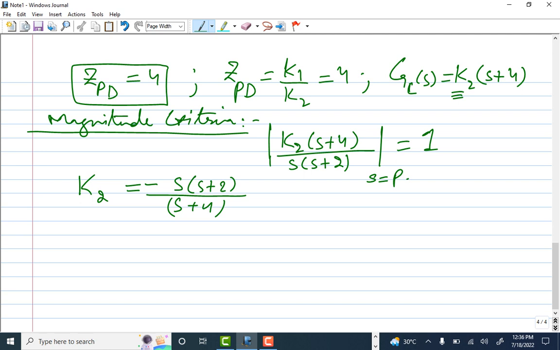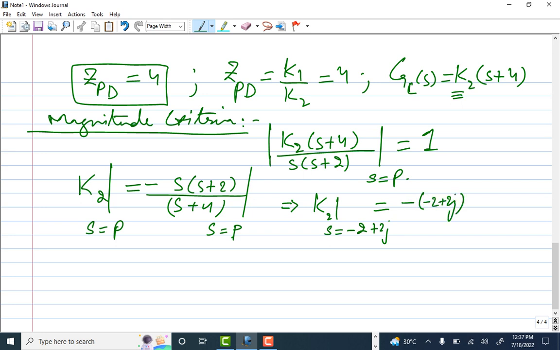Now from here I have to take the magnitude at S equal to P. If you remember, P was minus 2 plus 2j. Plugging in the values quickly, it becomes minus 2 plus 2j, and with a little manipulation it becomes 2j, divided by, again with a little manipulation, 2 plus 2j.